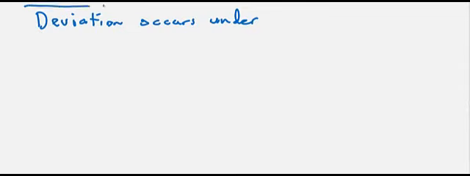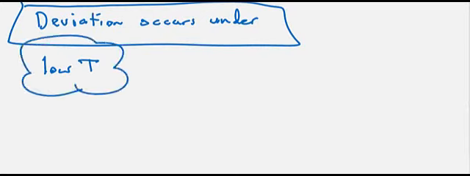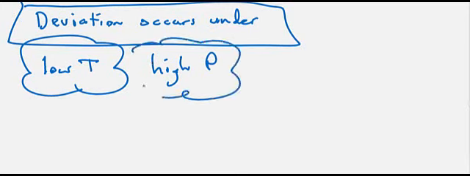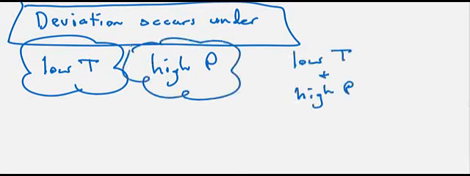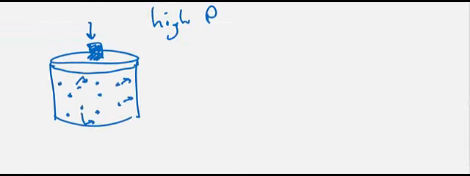Deviation from ideal gas behavior occurs under several different circumstances: low temperature, high pressure, or a combination of low temperature and high pressure.